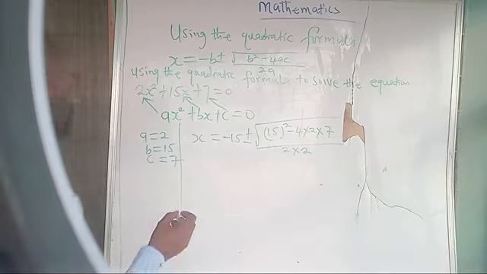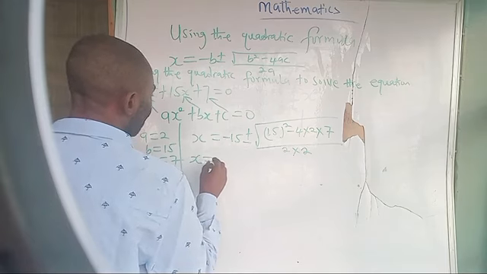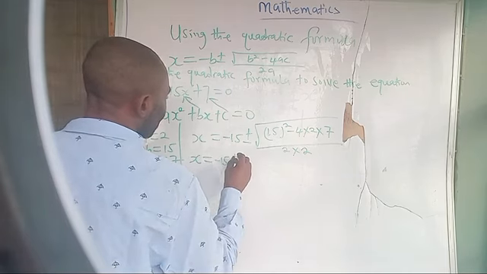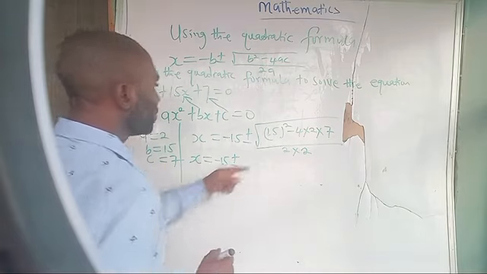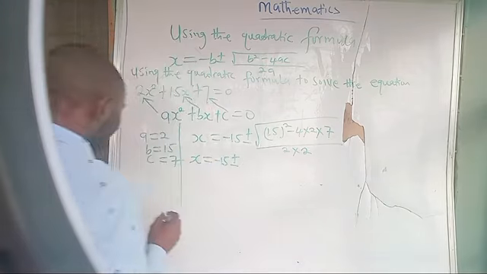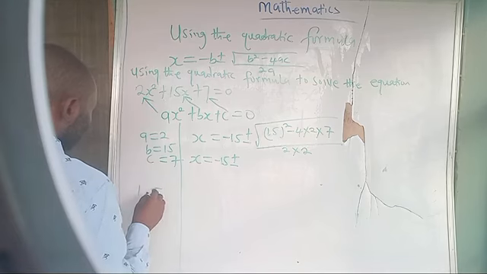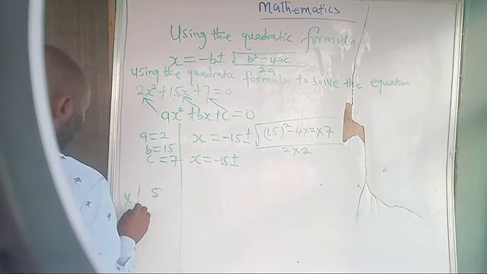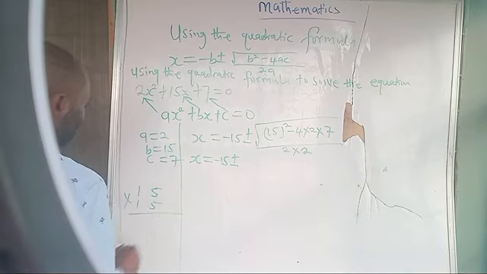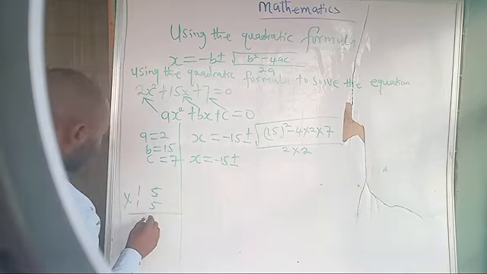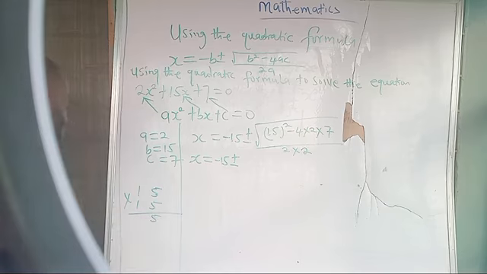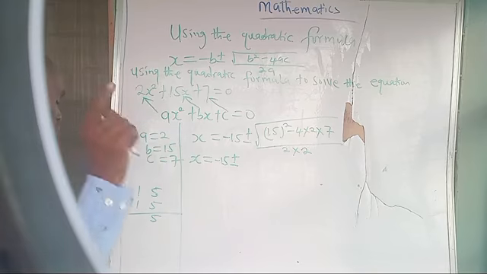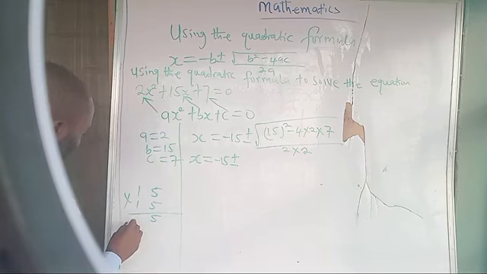So now x is equal to minus 15 plus or minus the square root of 15 times 15. 5 times 5 is 25, write 5, carry 2. 5 times 1 is 5, plus 2 is 7.